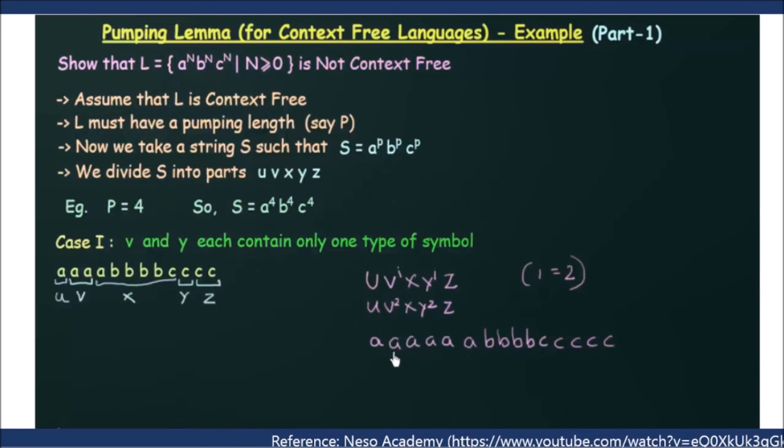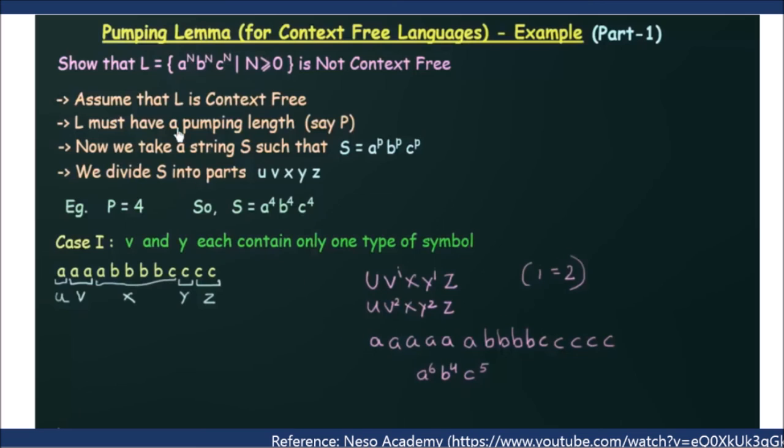Alright, so this is the string that we get. Now let me count how many A's there are: 1, 2, 3, 4, 5, 6. There are 6 A's, and how many B's? 1, 2, 3, 4. There are 4 B's, and 1, 2, 3, 4, 5: 5 C's. So here A is 6, B is 4, and C is 5. The number of A's is not equal to the number of B's, and that is also not equal to the number of C's.